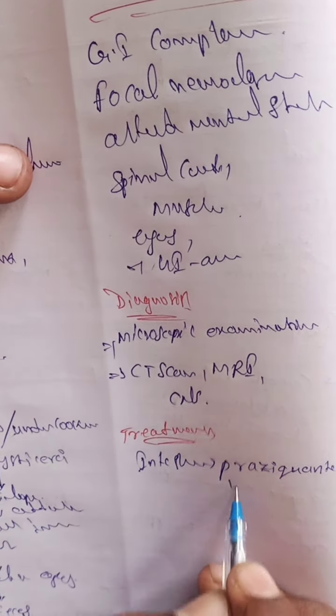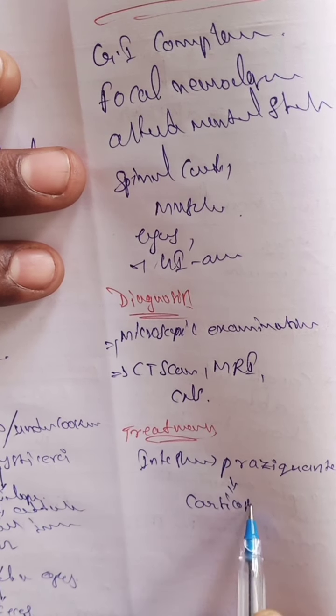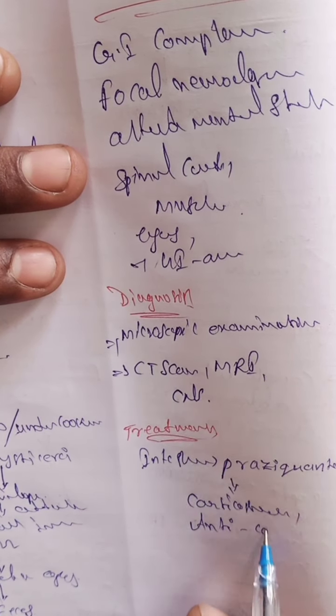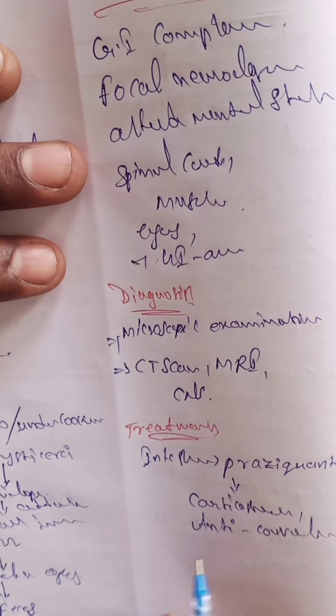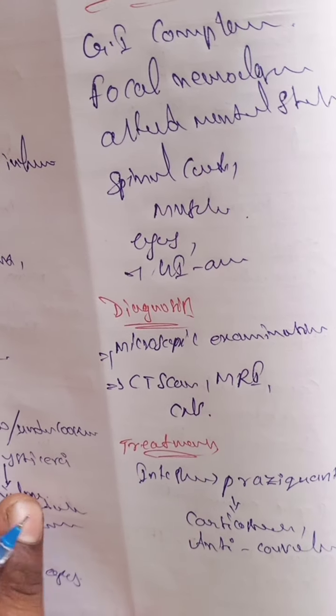The next ones are corticosteroids and anticonvulsants. We use these types of drugs.